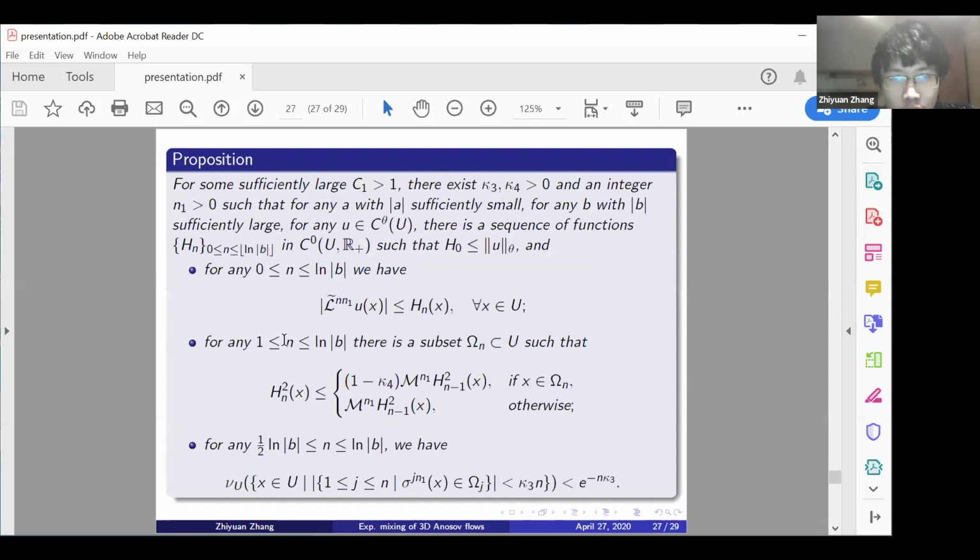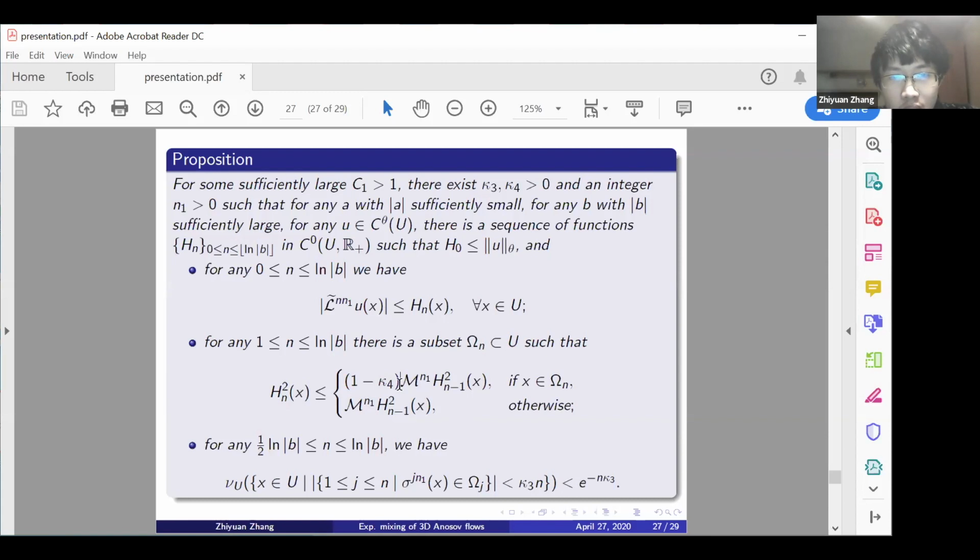And also for each n in this range, you can find a subset omega_n, so that if x runs into this subset, then this H_n squared of x will be smaller than m.